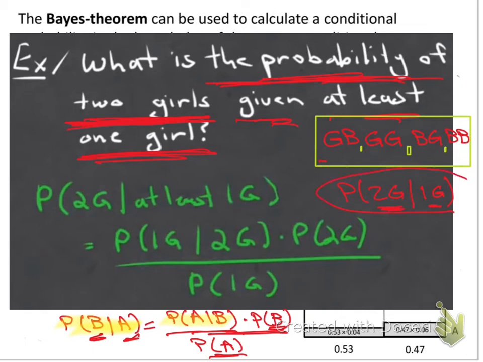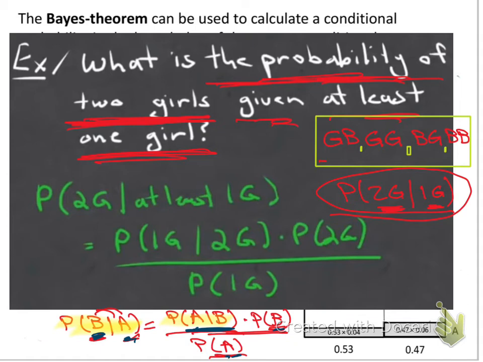I need the probability of two girls given that I already have one girl. Let us try. Can I swap this in the same way? So I swap A and B, so it will be the probability of A given B instead of B given A, times the probability of B, divided by the probability of A, the last one, in the denominator.